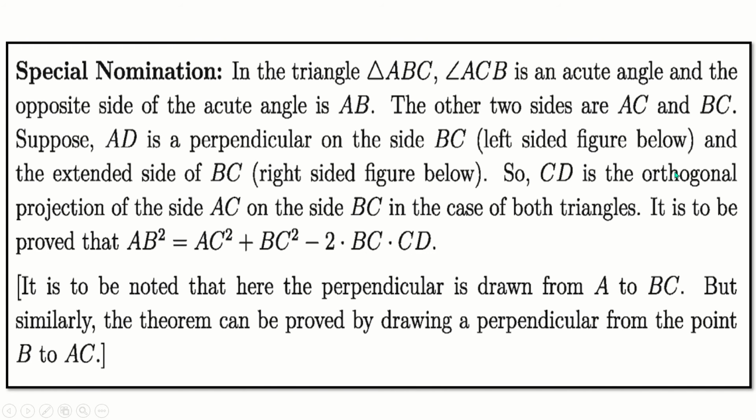So CD is the orthogonal projection of the side AC on the side BC in the case of both triangles. It is to be proved that AB square is equal to AC square plus BC square minus 2 into BC into CD. You can also write this as a side note.